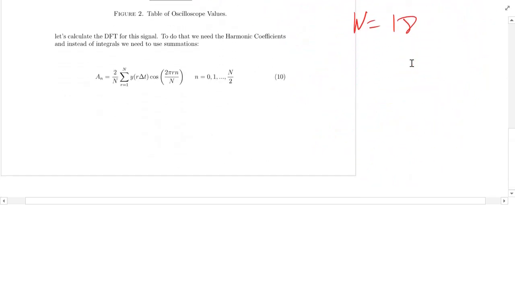That's really all we need to start calculating our harmonic coefficients. If I want to calculate the first harmonic coefficient, I'm going to have to sum. So a sub 1 equals 2 over 18. Now, here's going to be the annoying part. We have to sum from r equals 1 to n.